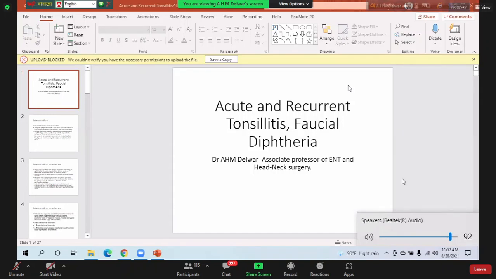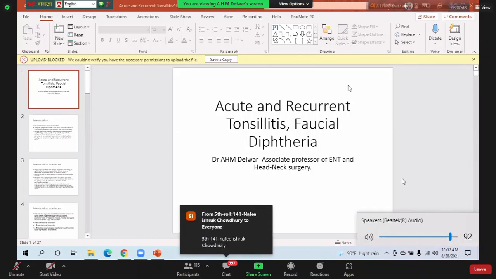When you are a doctor, you will see so many children who come to you with throat pain, cough, and other things. But you should do one thing, that is X-ray nasopharynx. Adenoid and tonsil are the cause of so many complications.